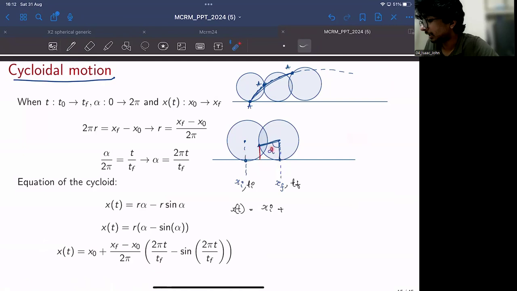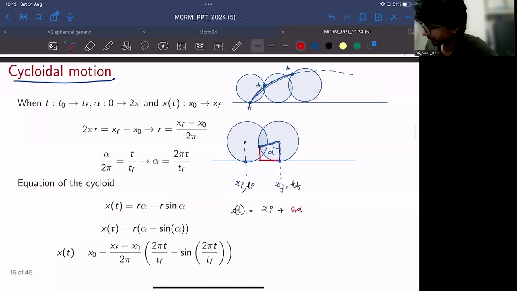If alpha is the rotation angle and r is the radius, all the way here is nothing but r alpha. And this much, from here to here, is nothing but r sine alpha. So you have to subtract it from r alpha. Or you can write it as xi plus r multiplied by alpha minus sine alpha.